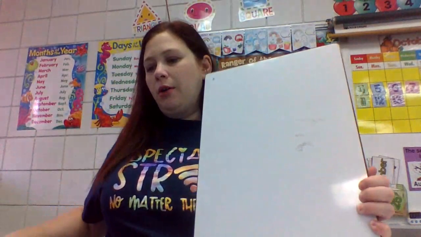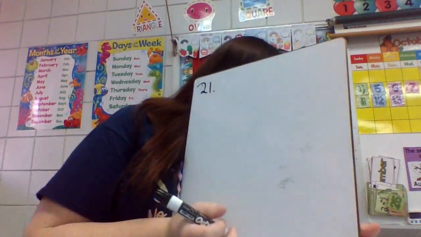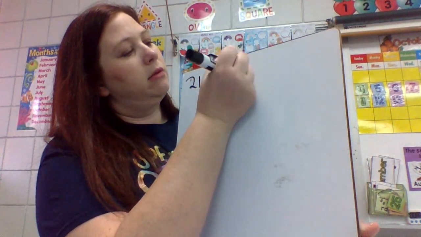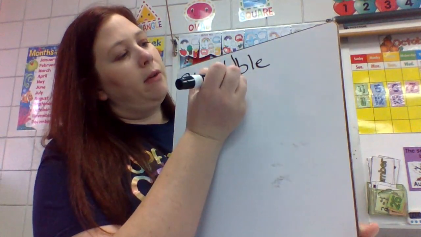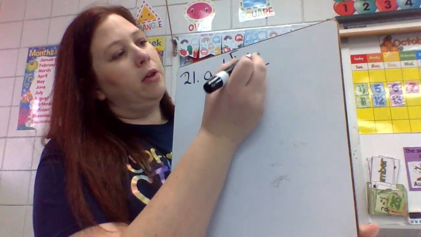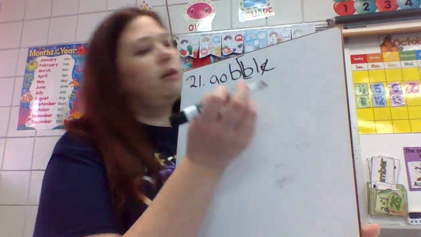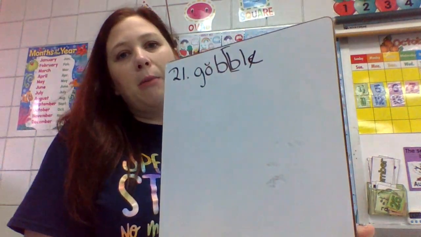All right, we're going to move on to number 21. 21 is gobble. So here we have our final stable syllable, right? We're going to cross off our E. And then we just look at vowel, consonant, and gets a breve. Gobble.